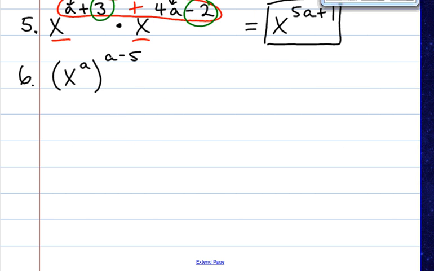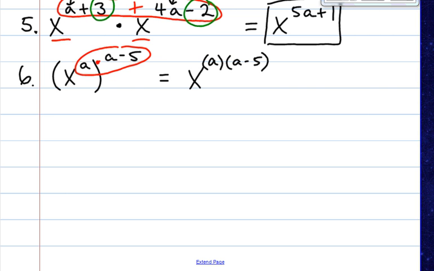So we're going to do a couple more examples with those exponents. Here we have a power raised to a power. So one base, two powers, so those are going to be multiplied together. I'm going to do a middle step here. I'm going to say x to the, and then a gets multiplied with a minus 5.